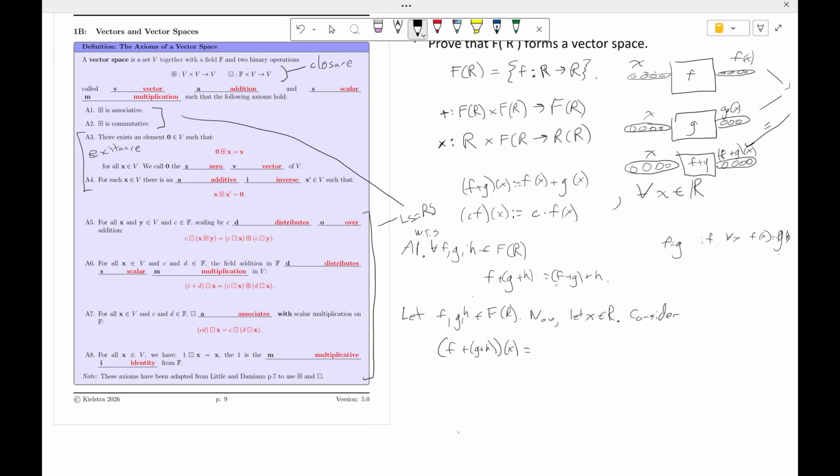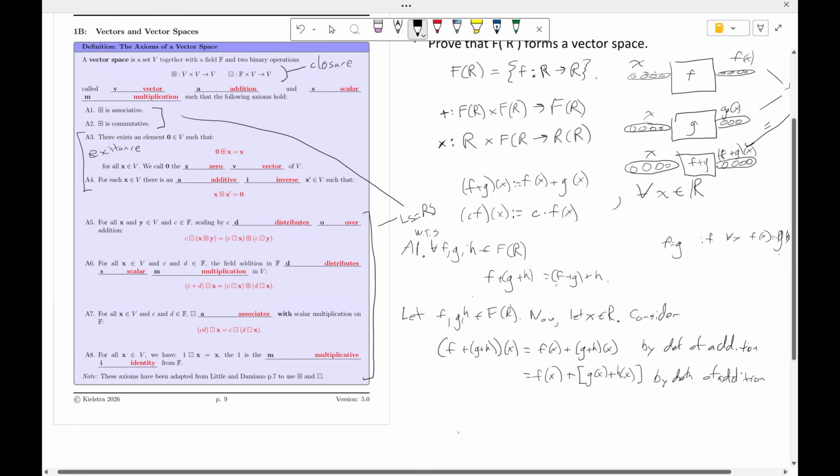Well, how would I compute this? This would equal f of x plus g plus h of x by the definition of addition. And this would equal f of x plus g of x plus h of x by the definition of addition. And this is our function addition.